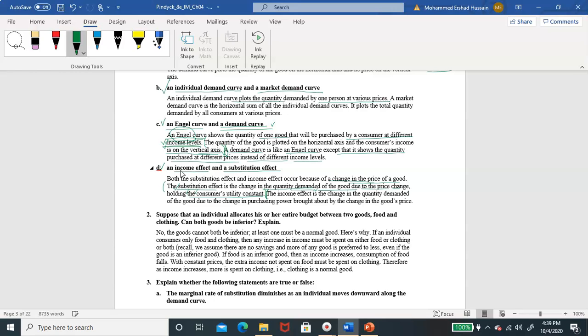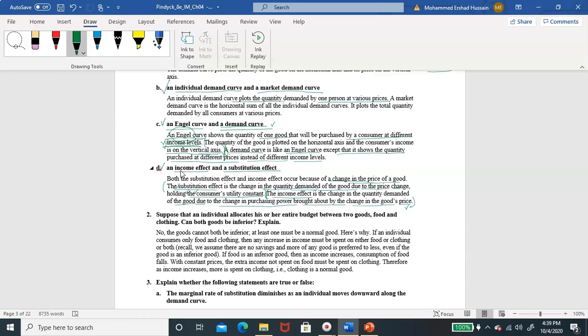On the other hand, what is the income effect? It is the change in the quantity demanded of a good due to a change in the purchasing power brought about by the change in the good's price. So when the price of some good, for example, decreases, the same money will now buy more. As a result, the purchasing power of money will go up.